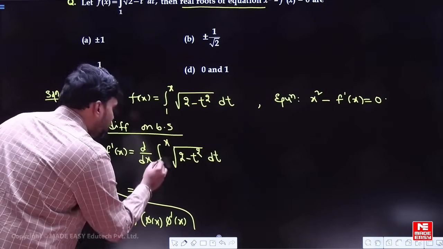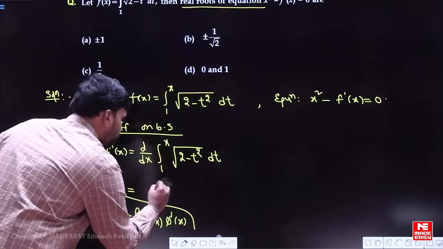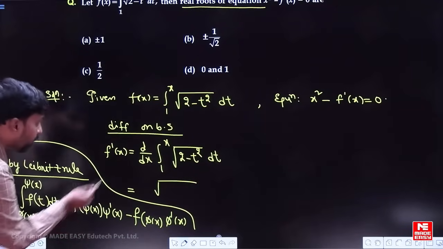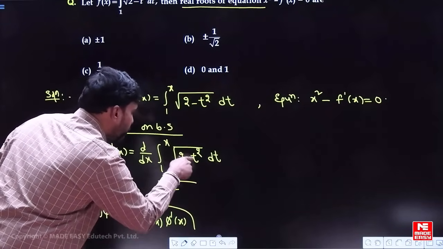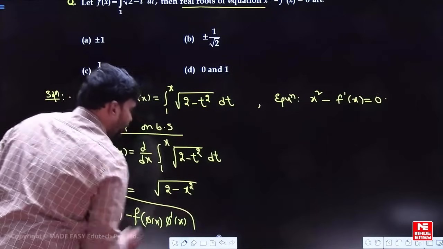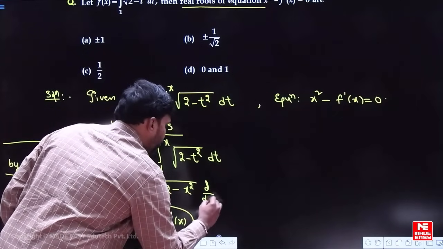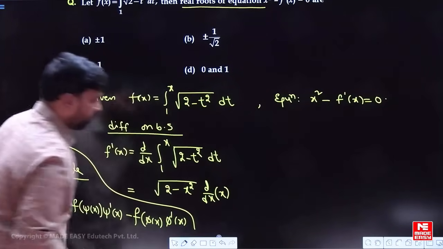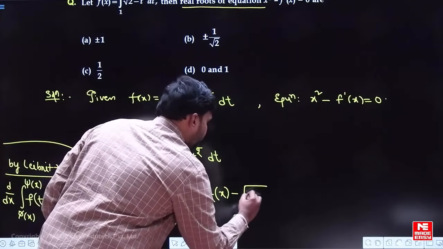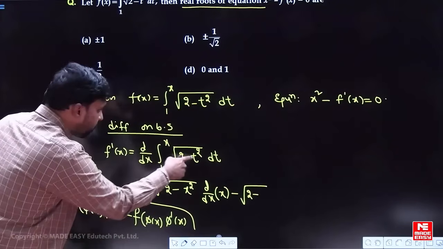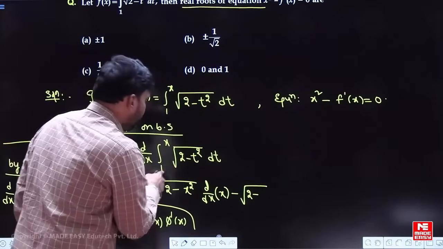So here the function: first replace t by the upper limit. The upper limit is x, so it is x square, into the differentiation of the upper limit, dx by dx. Now minus, replace t by the lower limit, that is 1.